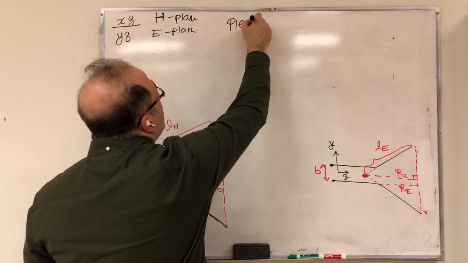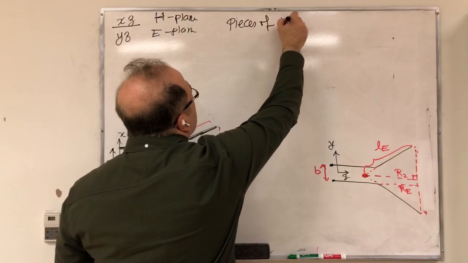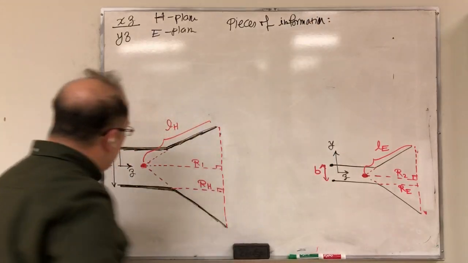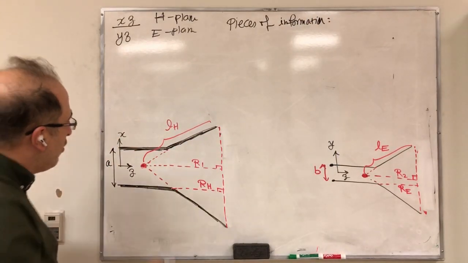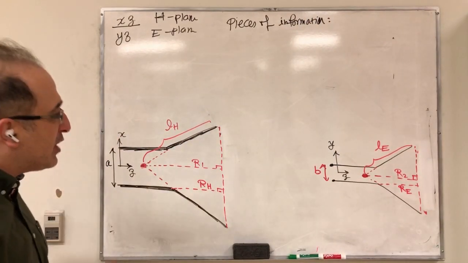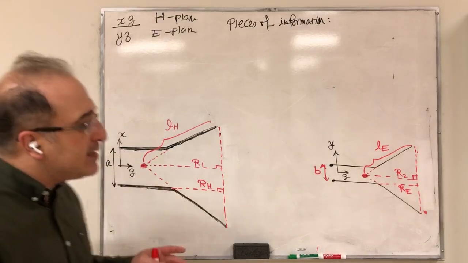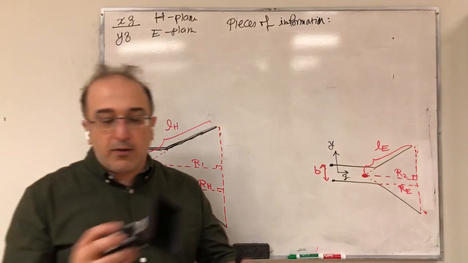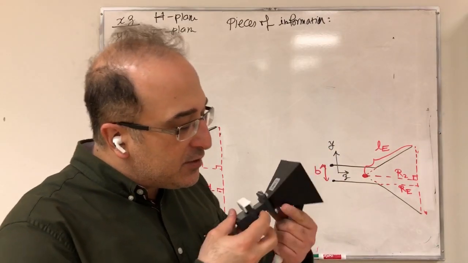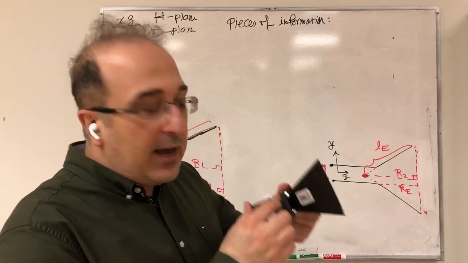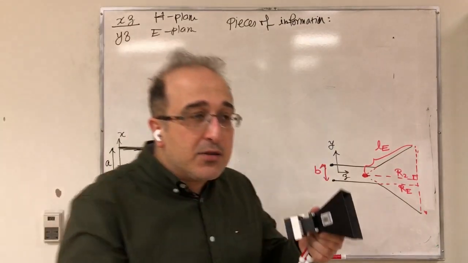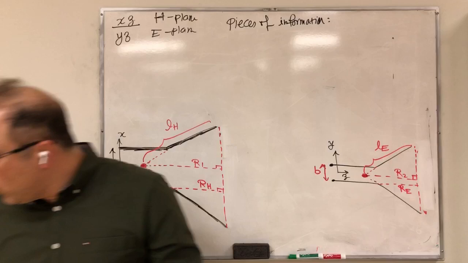What do we know usually? First of all, we usually know what waveguide we are using, because we have a waveguide, and this is going to flare out to become our horn antenna. For example, in this case, this waveguide flares out to become the horn, and it is a WR90.